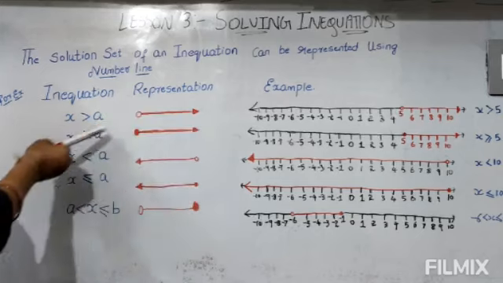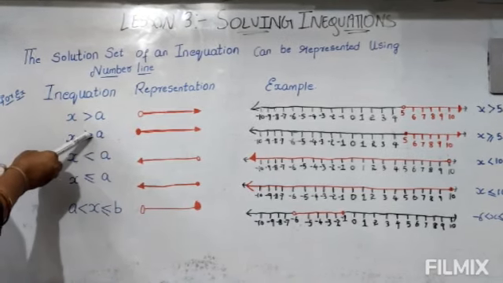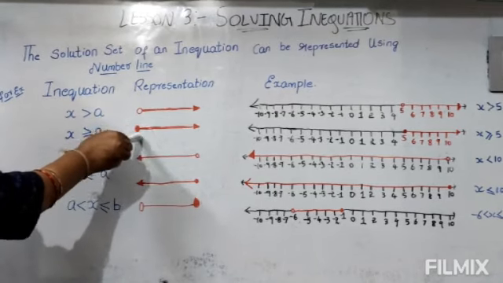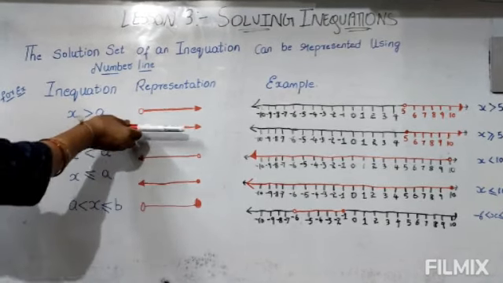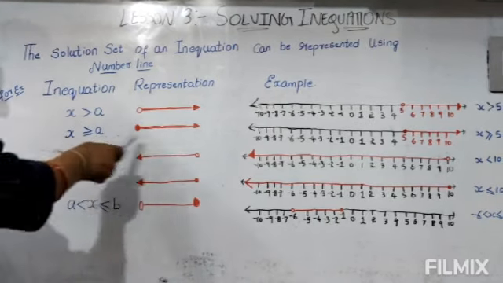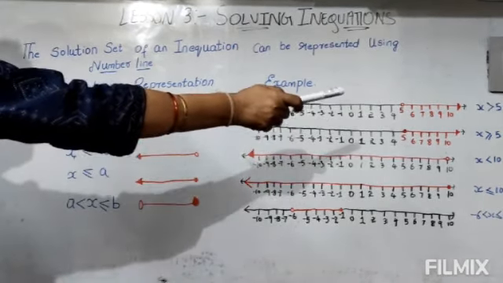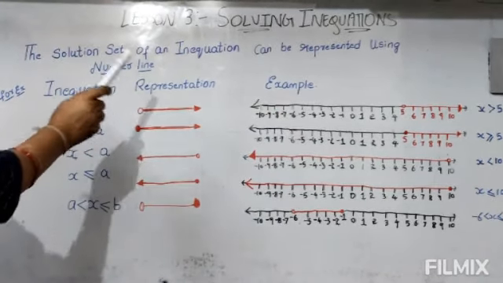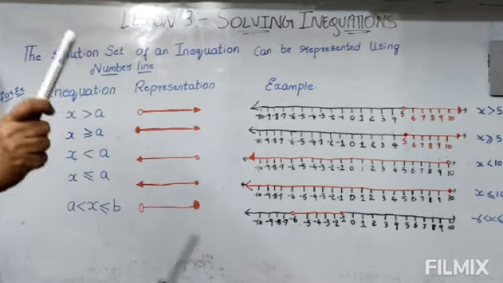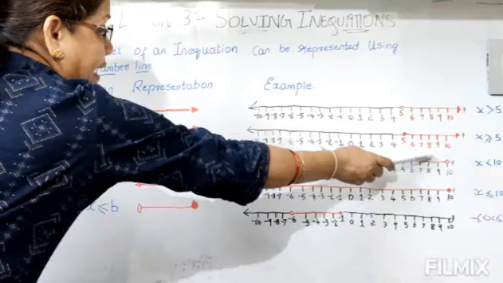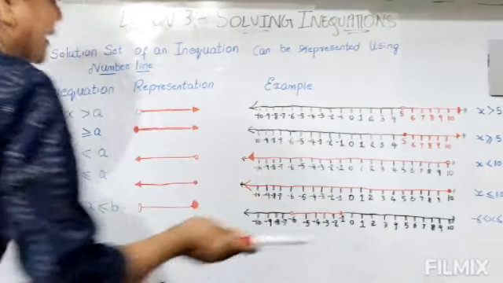Similarly, x is greater than or equal to a is shown with a darkened dot pointing towards the right. So, x is greater than or equal to 5 means this darkened dot represents 5. It is included: 5, 6, 7, 8, 9, 10.